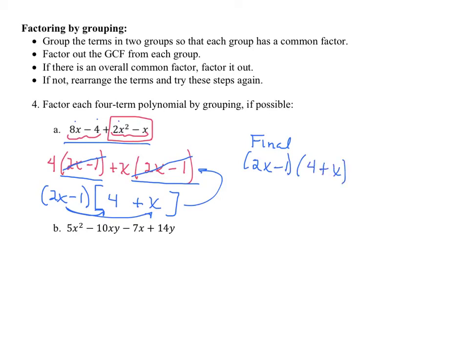And you can write this a multitude of ways that are equivalent. You could write it as 2x minus 1 times x plus 4, x plus 4 times 2x minus 1, a bunch of different ways.